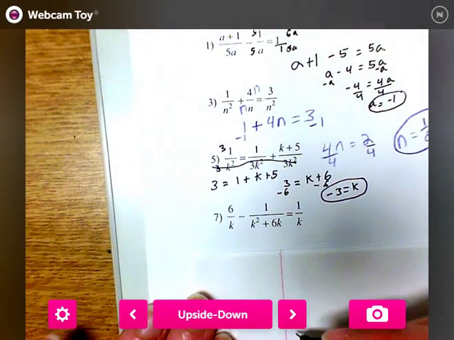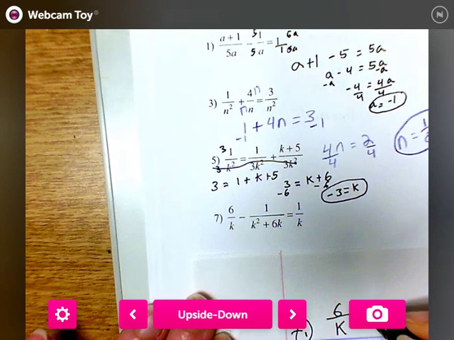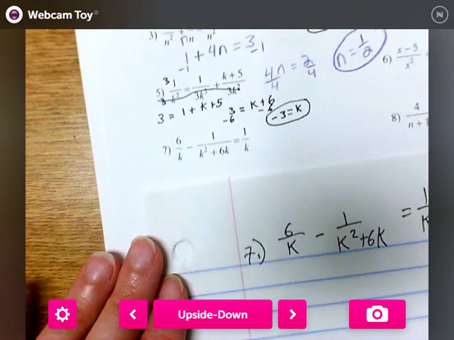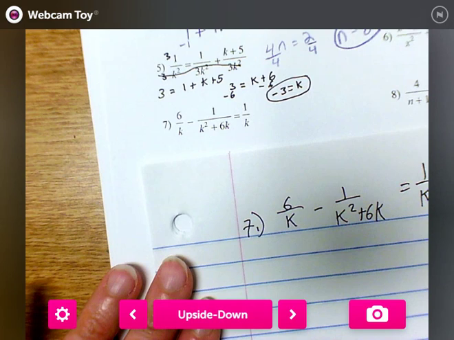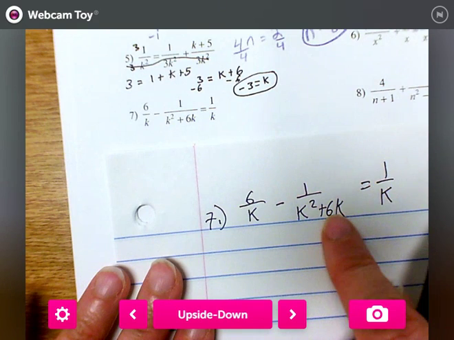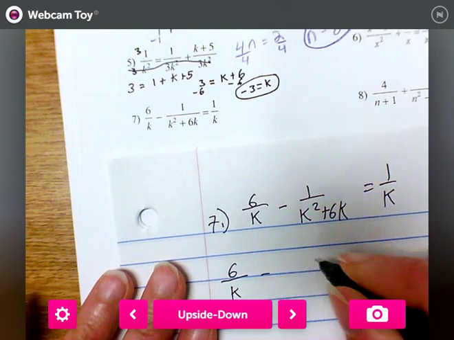Okay. For number 7, I've got 6 over k minus 1 over k squared plus 6k equals 1 over k. So the first thing I'm going to do here is factor a k out of this one to see what I need to multiply the others by.